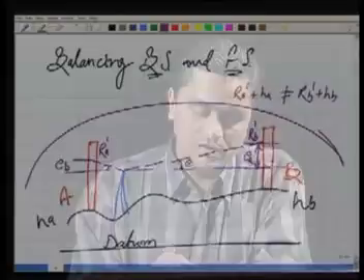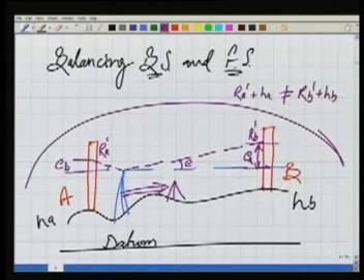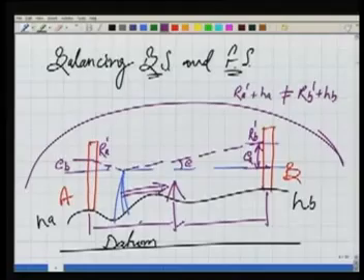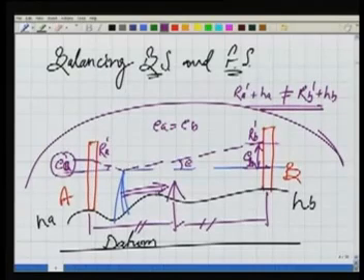How to do that? We will bring this instrument somewhere in the middle. So if I keep the instrument, or instrument means the level, somewhere in the middle of these two staff, these two distances are the same. If that is the case, EB here and EA here, EA will be equal to EB, and in that case this will be satisfied, obviously. And if this can be satisfied, I can now determine HB. So even if the instrument has got error, I can still determine HB.